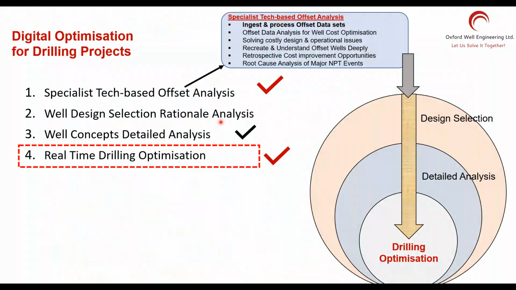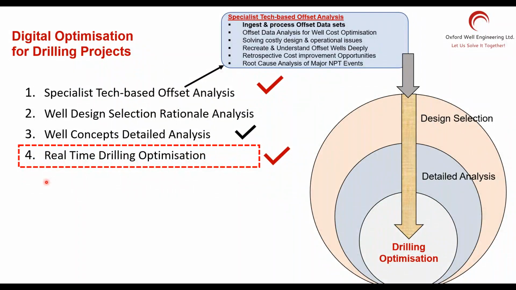Okay, so, very high level. This is a bit complicated, but I'll try explaining it. If you want to say that I want to drill this geothermal well, the first thing to do is to go for a deep digital offset analysis. What it is, in simple words, is not to read all the DDRs, not to just review all the logs and how people had been doing what they had been doing.